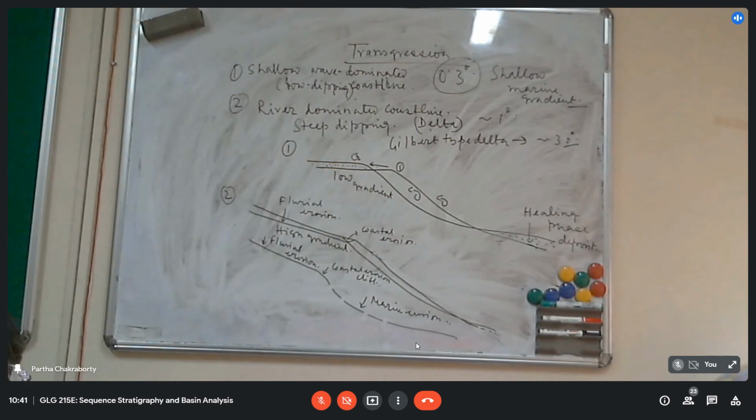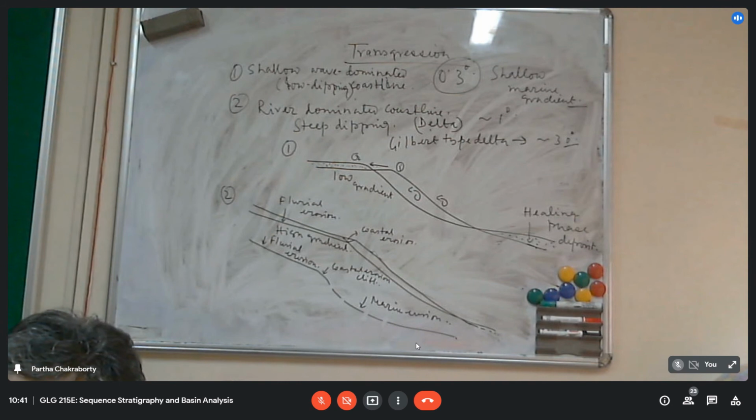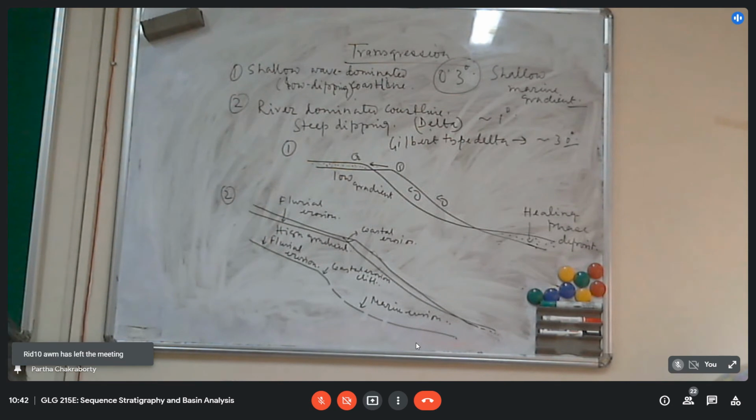We are discussing transgression now. If you remember correctly, our relative sea level curve and the different sequence stratigraphic surfaces. What is the lower boundary of the transgressive system tract? The lower boundary is the maximum regressive surface or transgressive surface.